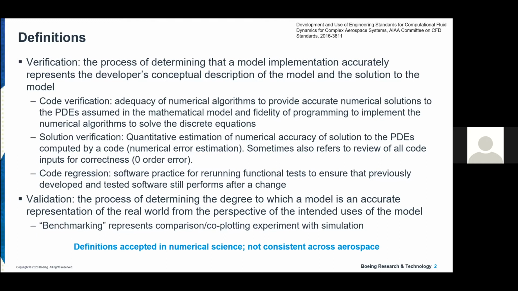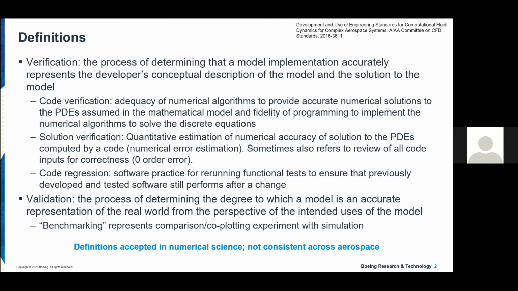Some references also talk about reviewing all the code inputs for correctness, since an incorrect input can lead to a zero order error. For example, you have to make sure that your geometry is correct and that your flight conditions are correct in terms of CFD, so that there is no zero order error that will not go away as you refine the mesh.